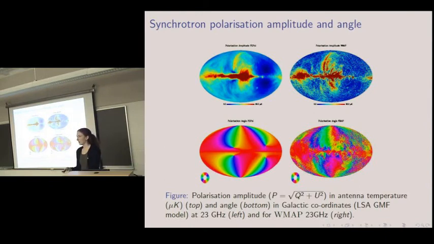The angular scale of the Haslam maps is 0.85 degrees, and then the line of sight resolution, so we integrate through this 3D model of the small scale turbulence field at a HEALPix resolution of Nside 128. So yeah, these maps are from this line of sight resolution at Nside 128.